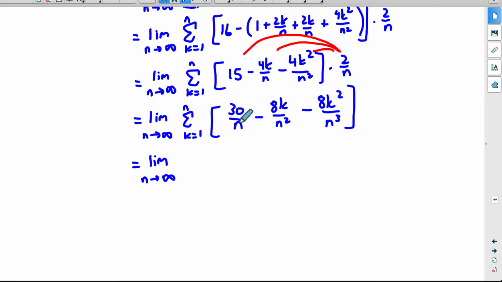Okay, next thing we should do, see where we have 3 different pieces here, 3 different terms. Let's remember when we have that and we're doing sigma notation, we can apply the sigma notation to each piece. That's what we're going to do here.